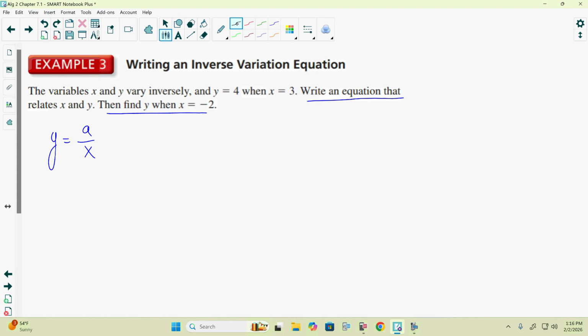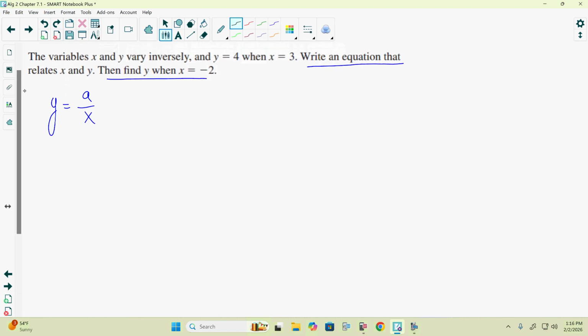Now there's two main ways to find it. They're essentially the same thing. I'm going to take the equation y equals a over x. I'm going to replace the y with 4 and the x with 3, telling us that 4 is equal to a over 3. Now I just need to solve for the value of a, yes?